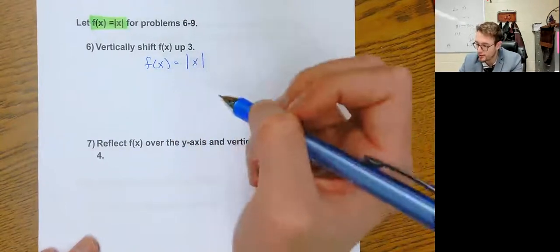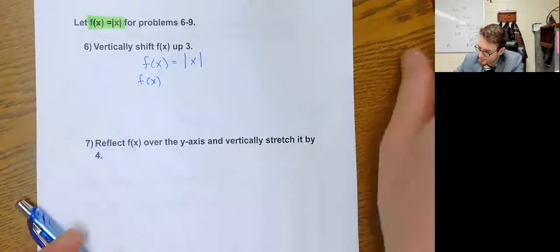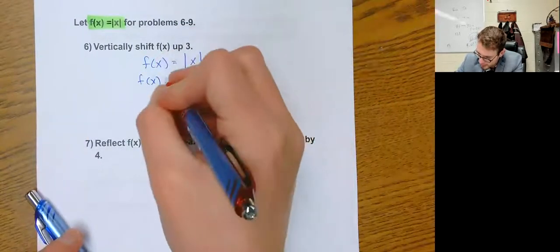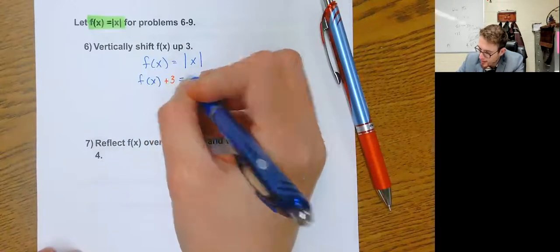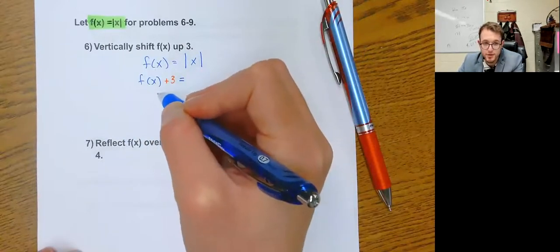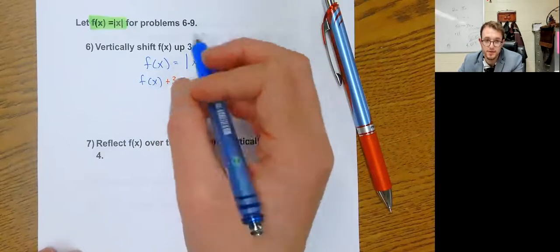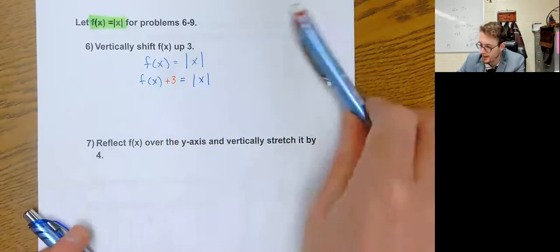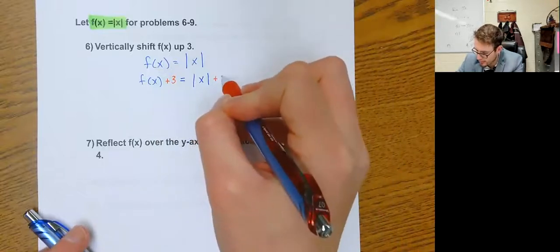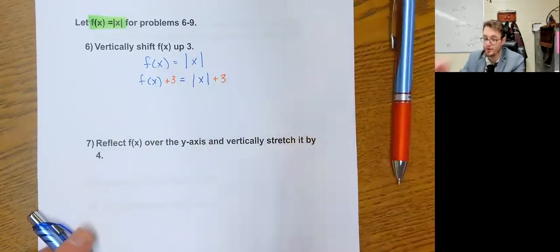So when I do a transformation of up 3, I know that when I add to the whole function, to the outside of this function, I'm just going to add it to the outside of the absolute values. So I add it to the outside.